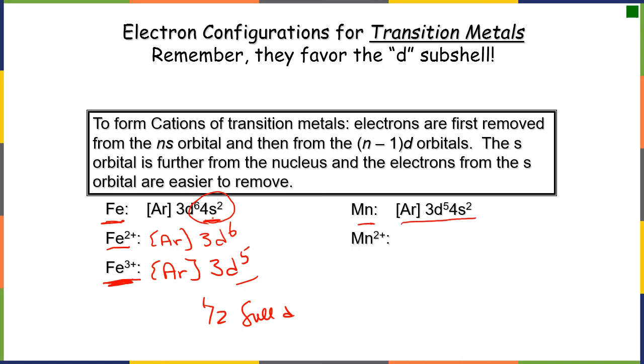Manganese is argon 3d5 4s2, and if we have manganese 2 plus, it's going to be argon 3d5. So what about some of the other ones? Well, let's think about zinc, and let's do silver, and let's consider lead and look at the 2 possible cations of lead.